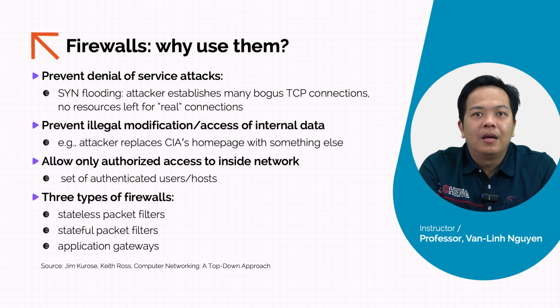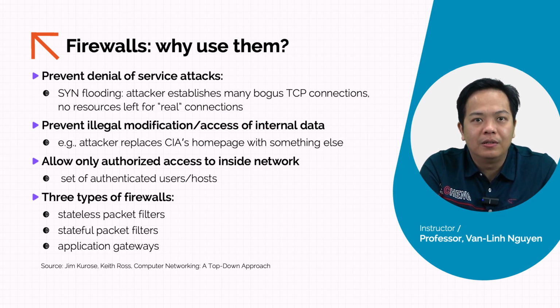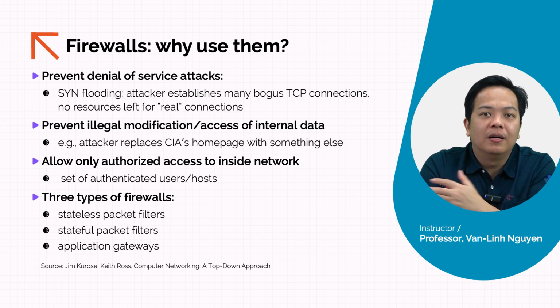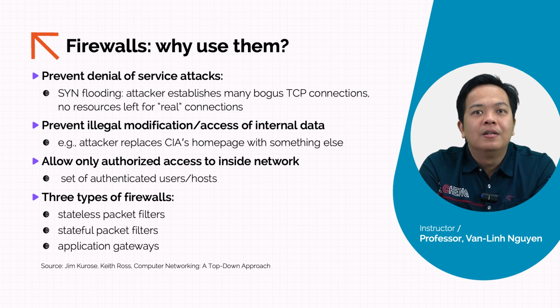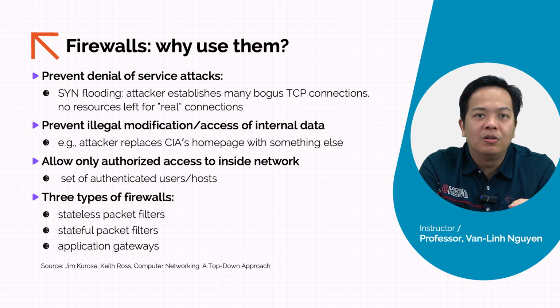And the last one is very important: a firewall can allow authorized users to access the network. For example, I can work remotely, staying in the United States and still remoting to my PC in Taiwan. This is called allow, or permit, and prevention is called deny. So in a firewall we have two options: allow or deny.